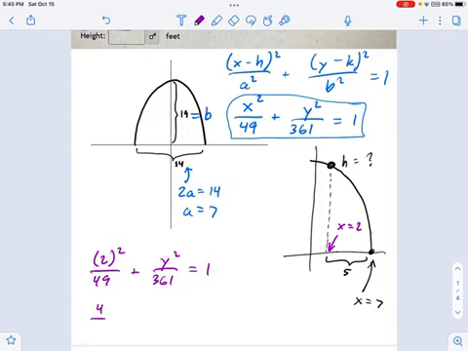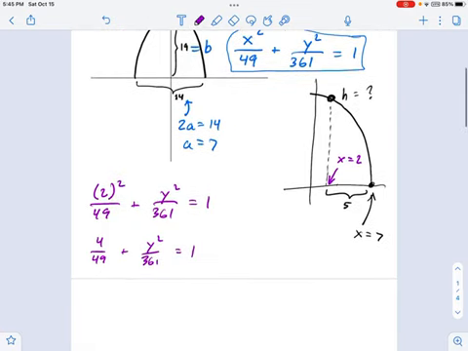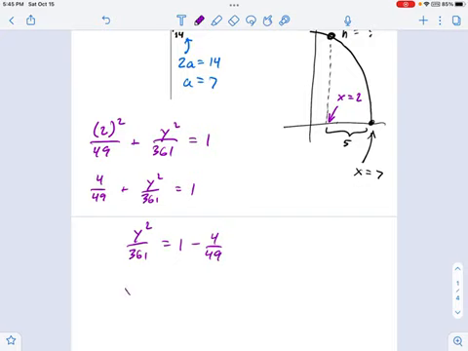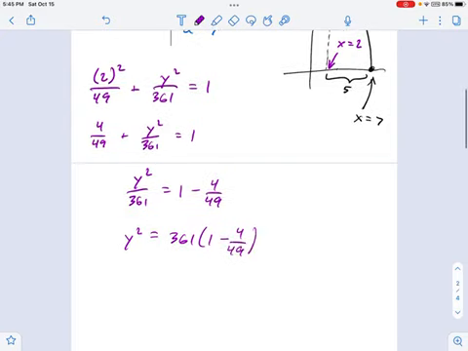Right, we got 4 over 49 plus y squared over 361 equals 1. What we do is we say, great, y squared over 361 equals 1 minus 4 over 49. We multiply each side by 361, so we get y squared equals 361 times (1 minus 4 over 49). And you calculate that all out, you get something like this.